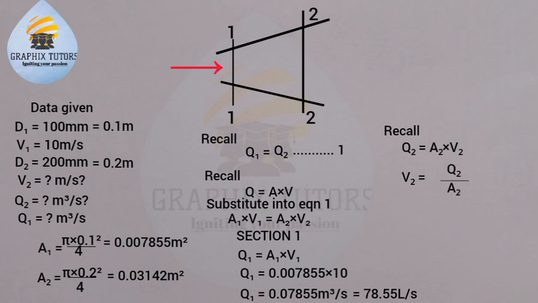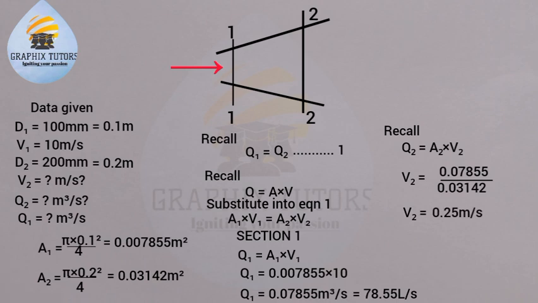Q2 is what we calculated, 0.07855, divided by A2, the area at section 2, which is 0.03142. So we now have the velocity at that section, V2, to be 0.25 meter per second. So that's the velocity.